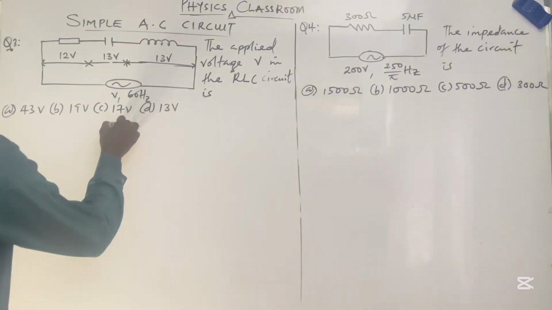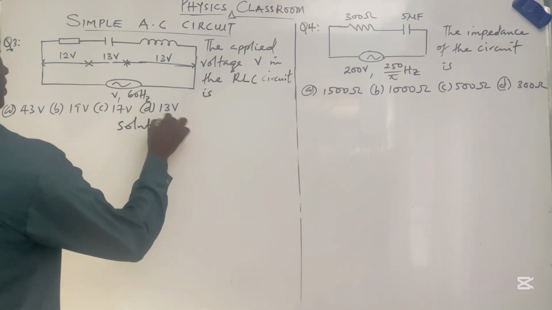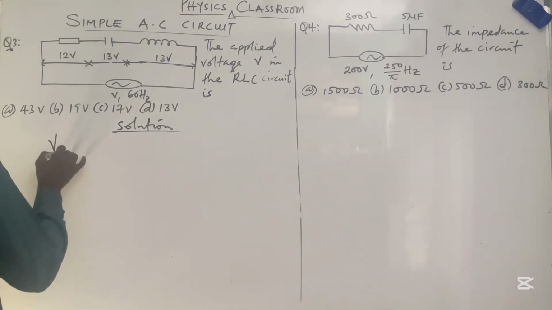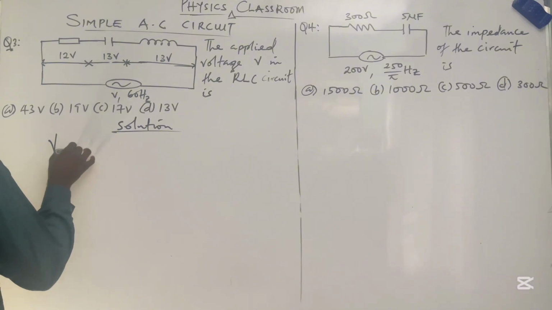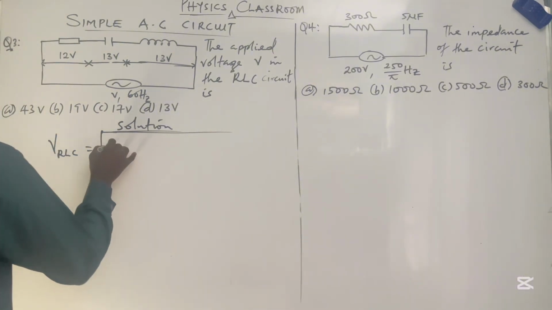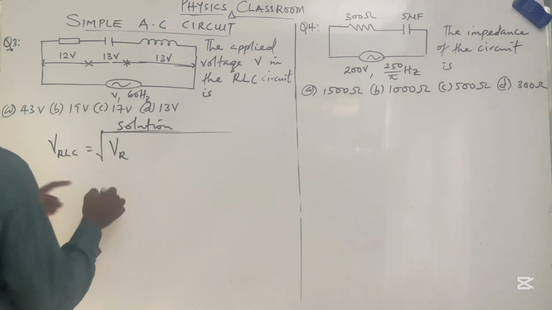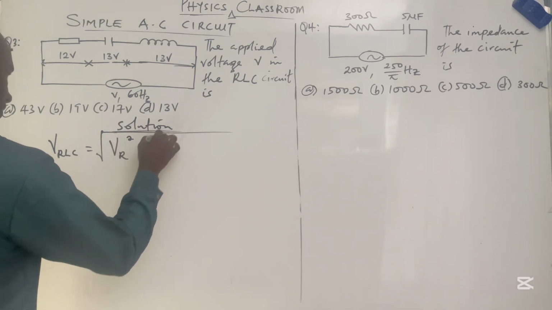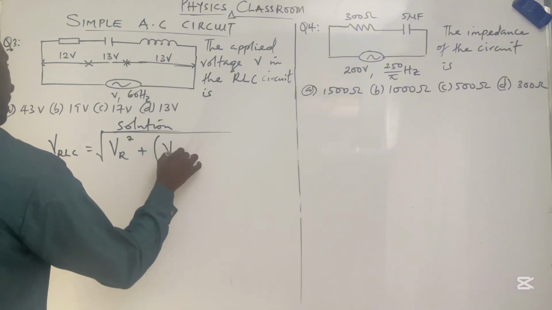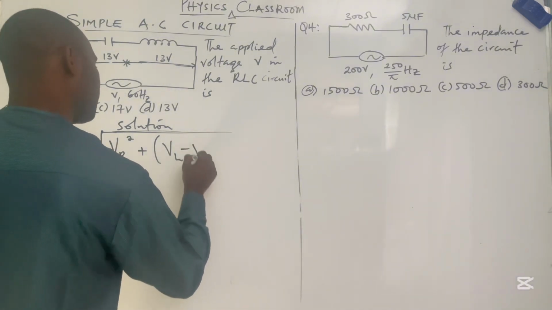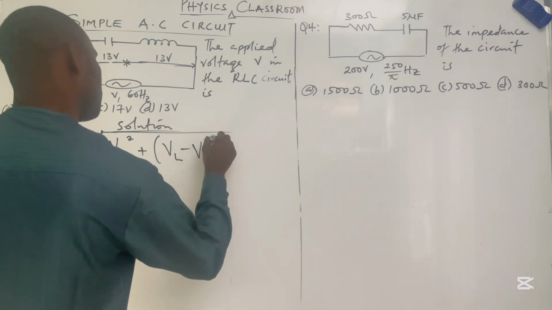So in order for you to solve this question, the first thing to do is to recall that voltage in an RLC circuit will be equal to the root of VR, that is voltage across resistor squared, plus VL minus VC all squared.